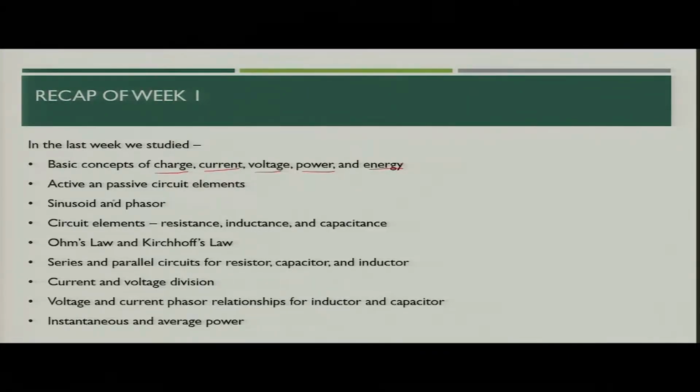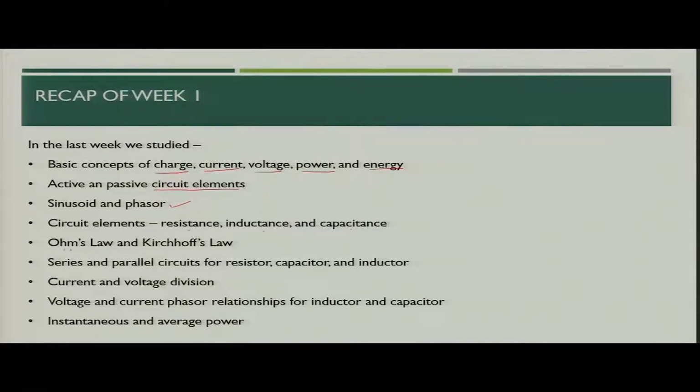Then we discussed active and passive circuit elements, where we discussed voltage and current sources, and we also saw the various symbols of dependent as well as independent voltage and current sources. Then we discussed the sinusoid and the phasor, how we can find out the value of phasor with the help of a given sinusoid. Then we discussed circuit elements, that is resistance, inductance and capacitance.